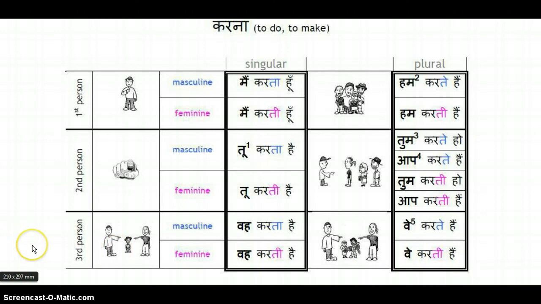Alright, so this is the present tense. As you've seen, you just need to learn the verb hona by heart really well.